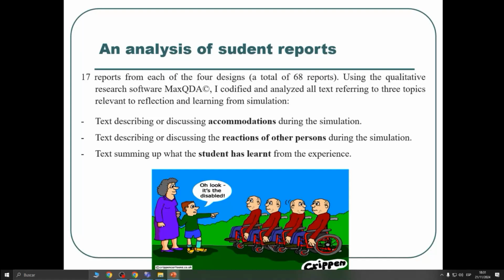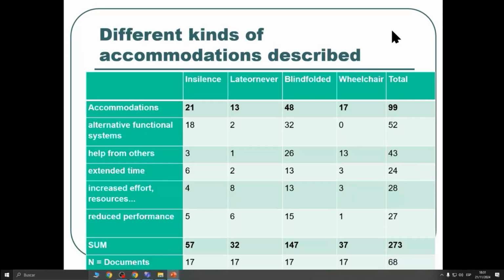And an element which is fundamental for experientialism, which is text in the report, where they say, this was very important for me to learn this or that, or for me the main challenge was this or that, what I have learned. And here I'm going to very quickly describe.